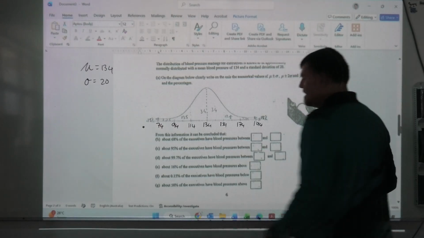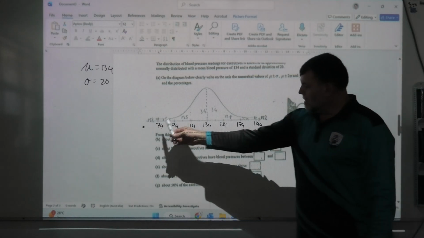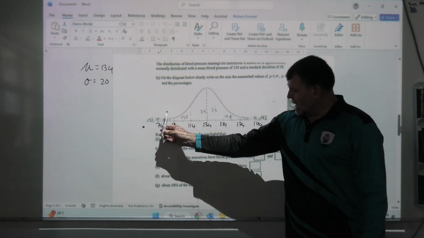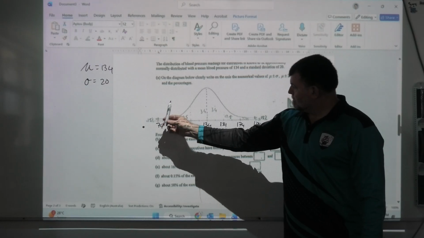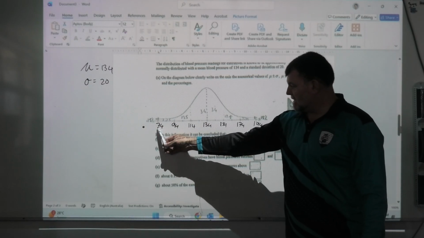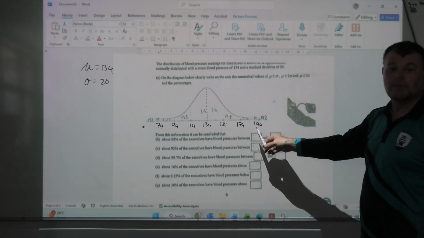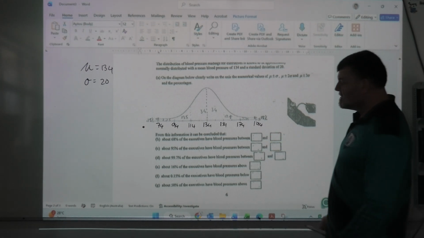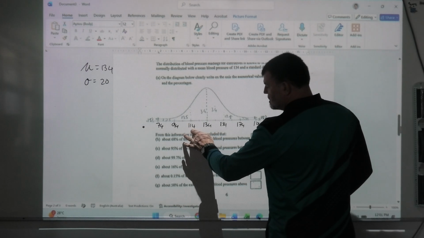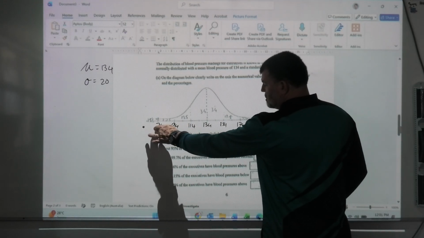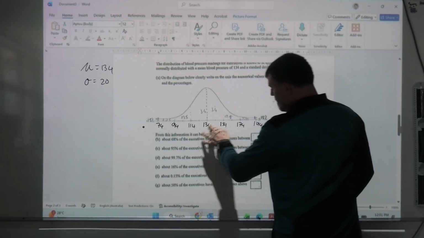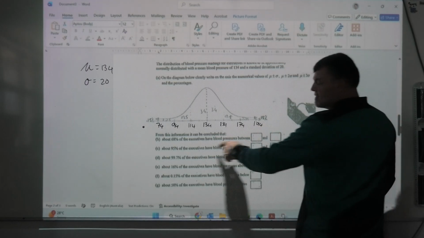So what we've got here is the lowest possible blood pressure for the executives is 74, up to the highest possible of 194. And this just represents, remember, that's one deviation away, 2 deviations, 3 deviations. So 3 parts away from the mean on each side. So let's look at this here.